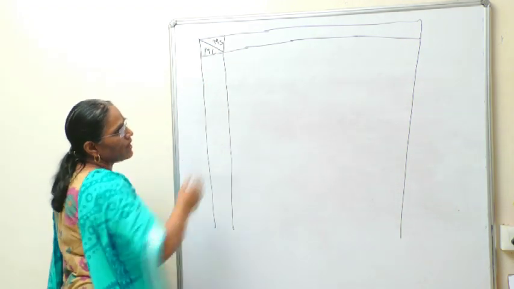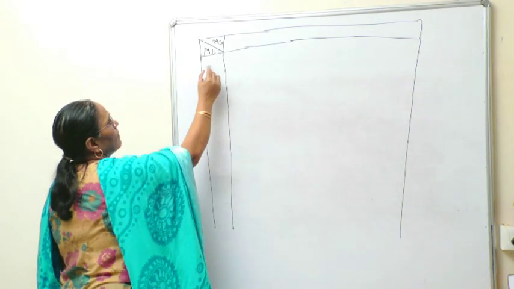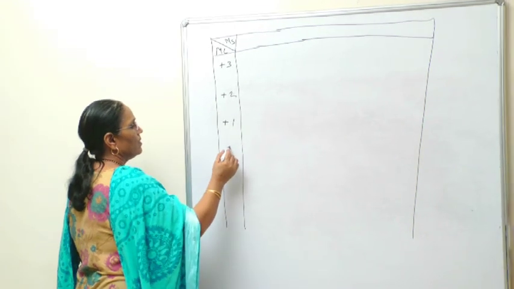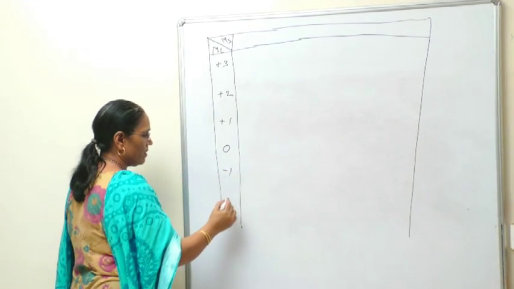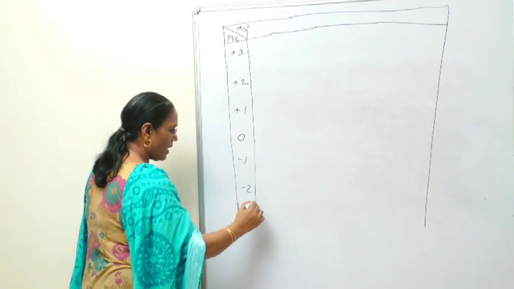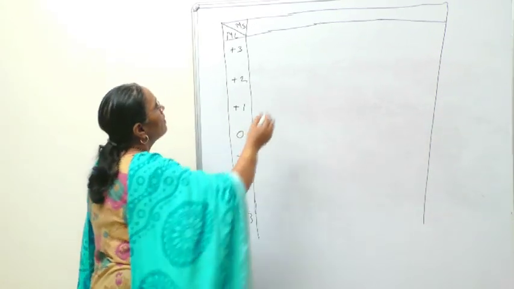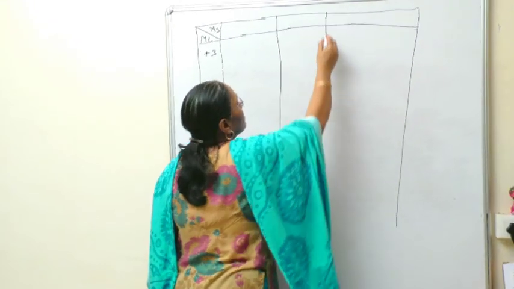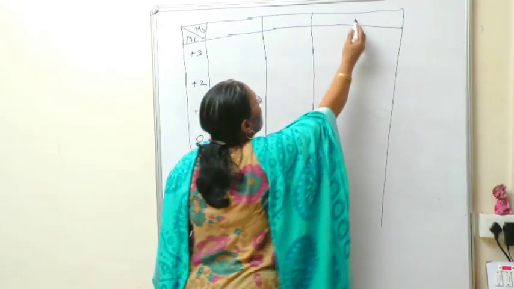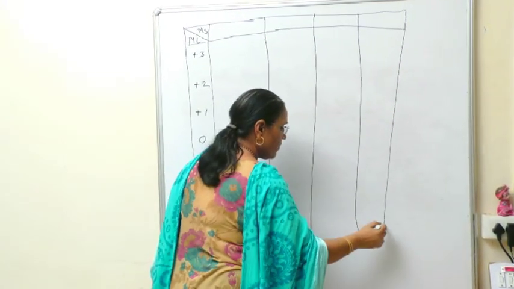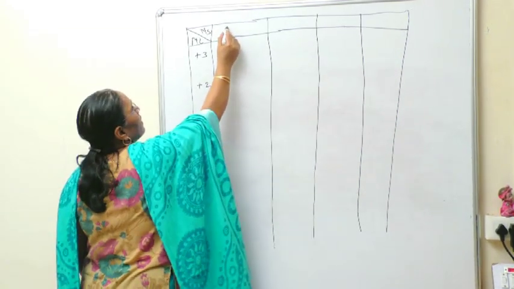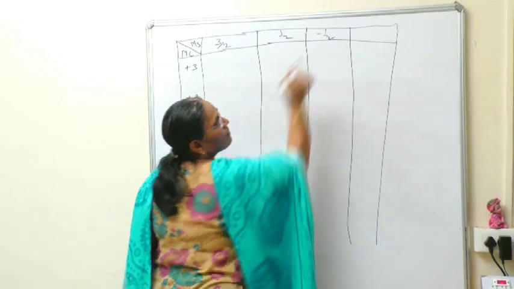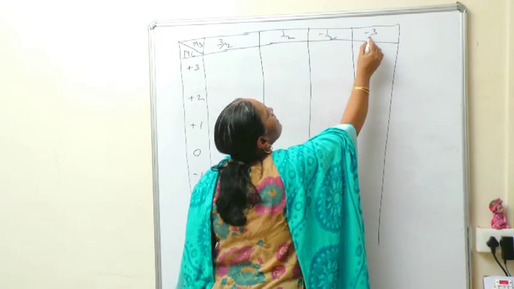So possible ml values were +3, +2, +1, 0, -1, -2 and -3, and the possible ms values are 3/2, 1/2, -1/2 and -3/2.